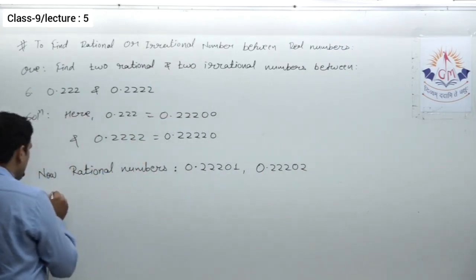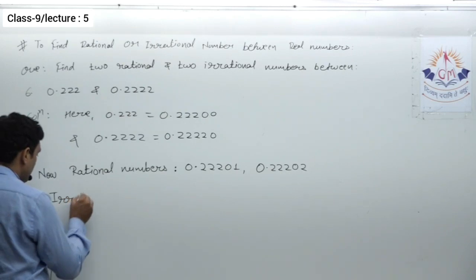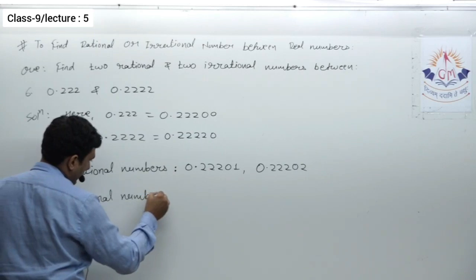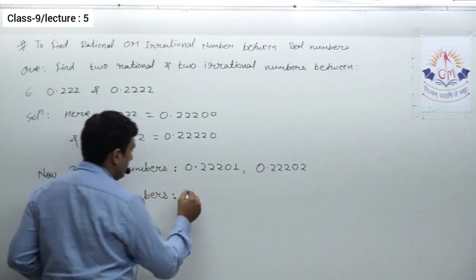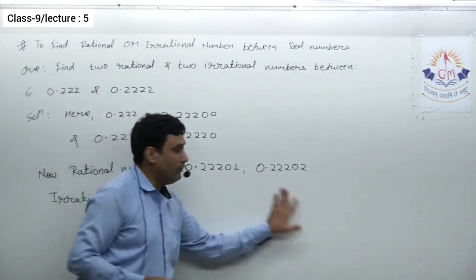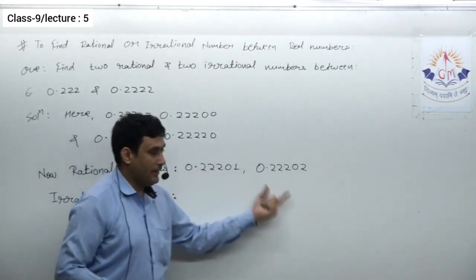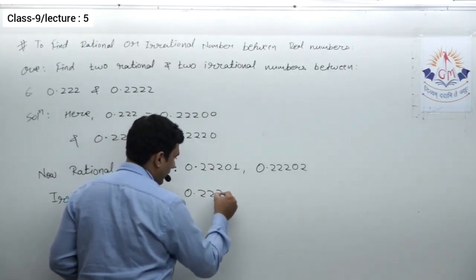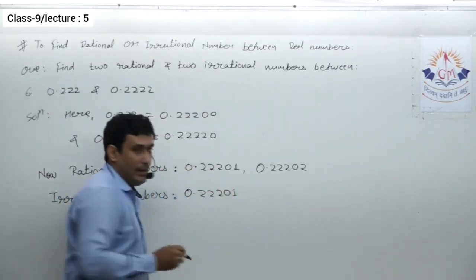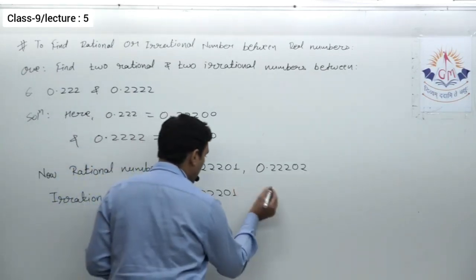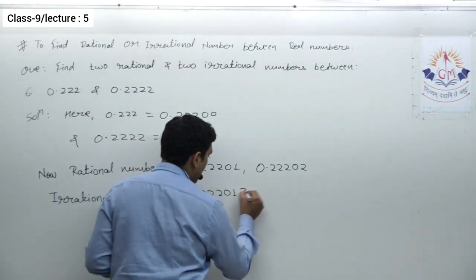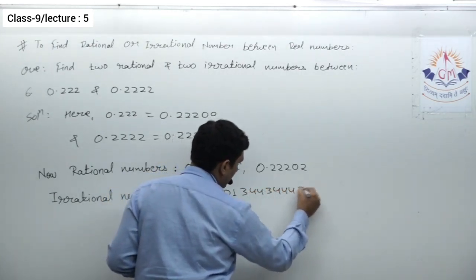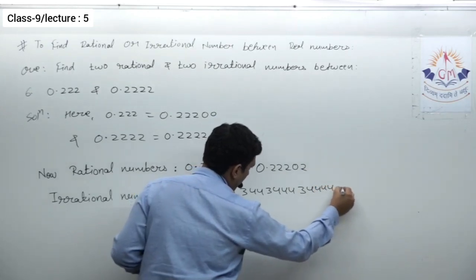And irrational numbers, as I told you, I am repeating myself again and again. As I have the rational numbers, it is easy to write irrational numbers. So first I write this as it is. After this I'll add my own string: 3, double 4, 3, triple 4, 3, 4 times 4, and so on.